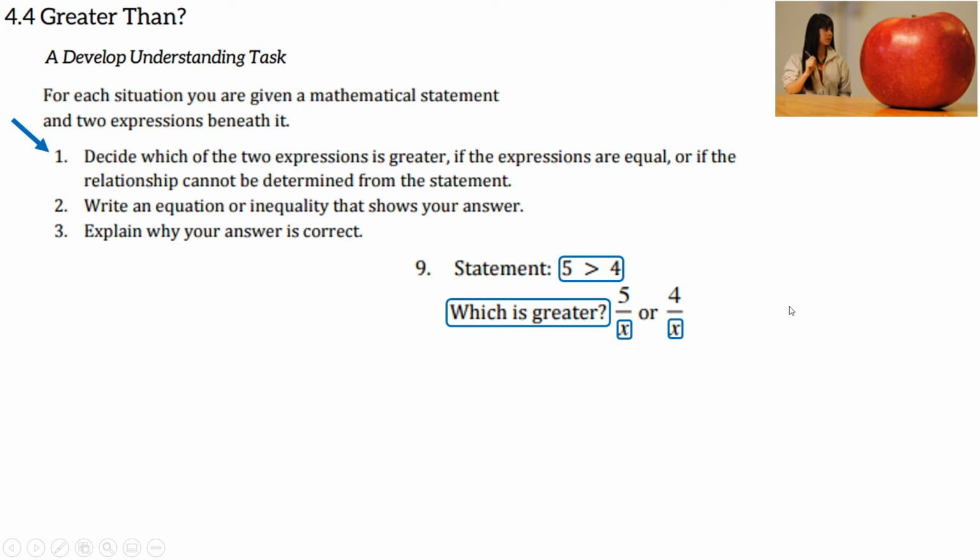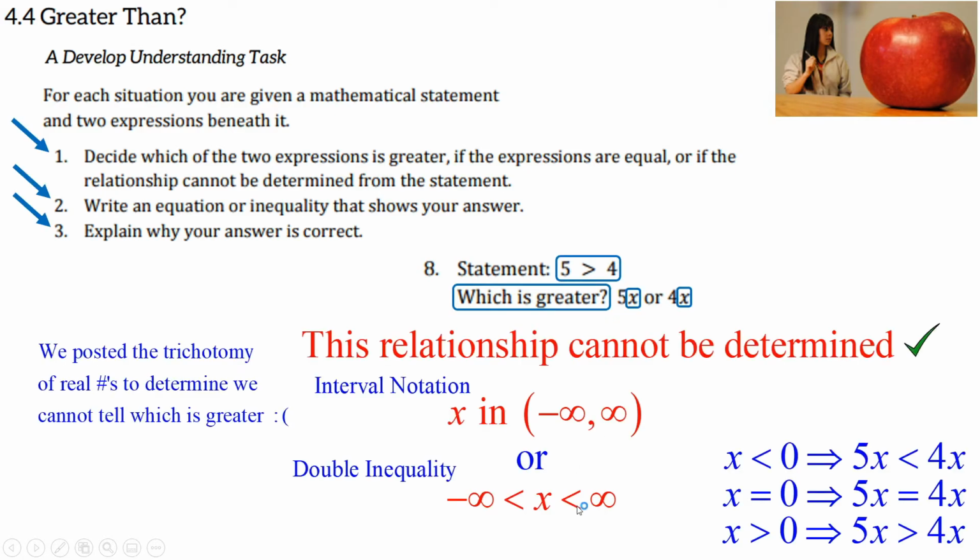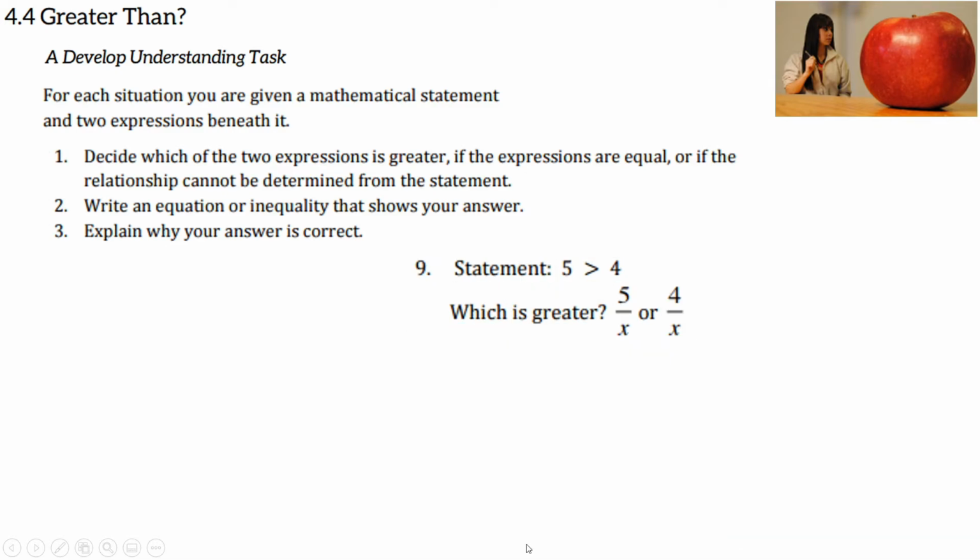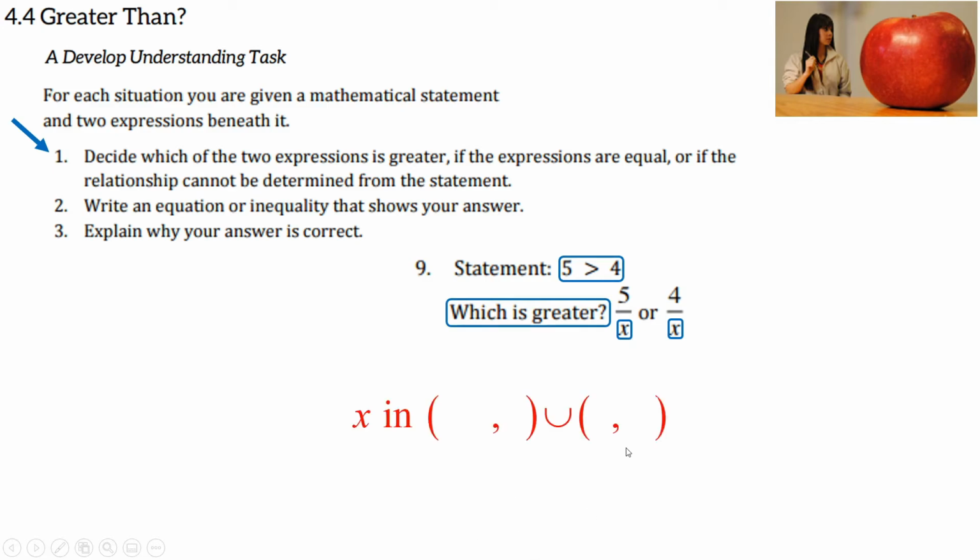You know what? I can't tell based on the x's. Now, in this case, remember on the last one, x could be any real number. Well, here, with those x's, you all know you cannot divide by 0. So let me show you some very cool interval notation for that.